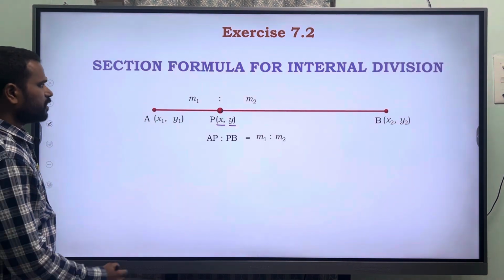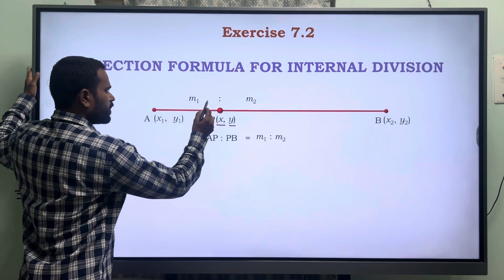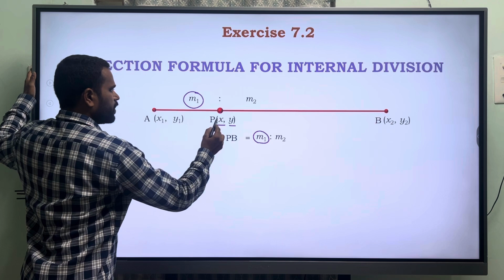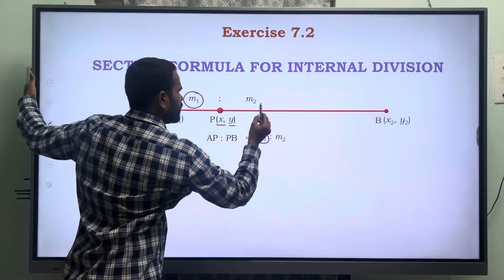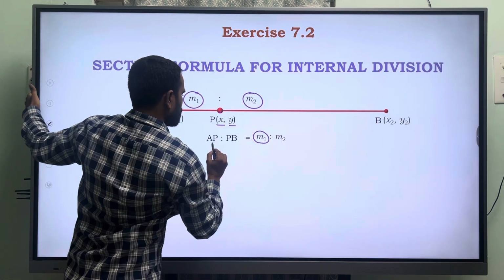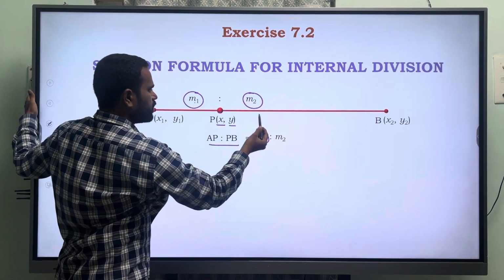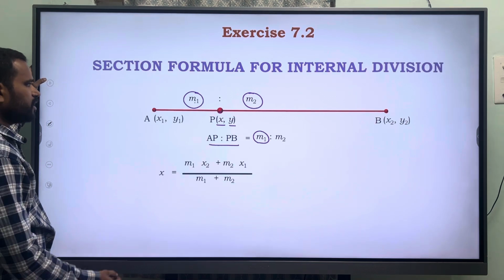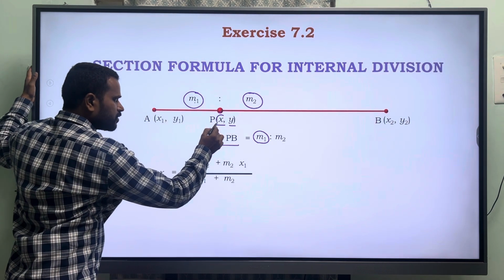So, see here, AP is divided in the ratio m1 and PB in the ratio m2. So, AP is to PB equals m1 is to m2. Now, what is the coordinate x?